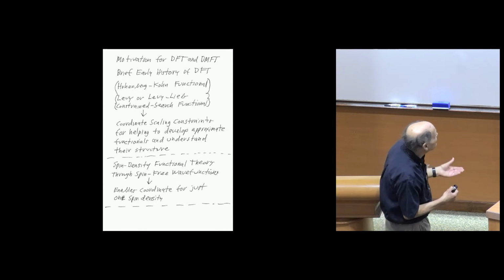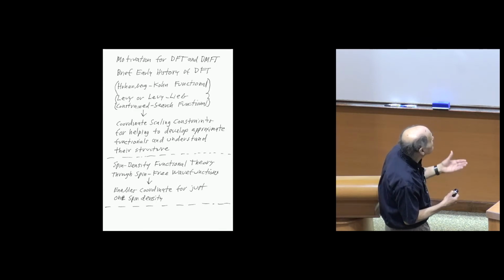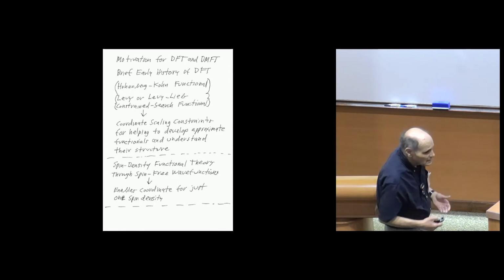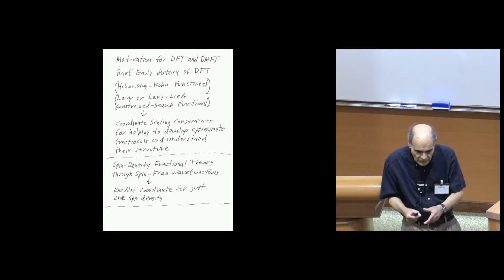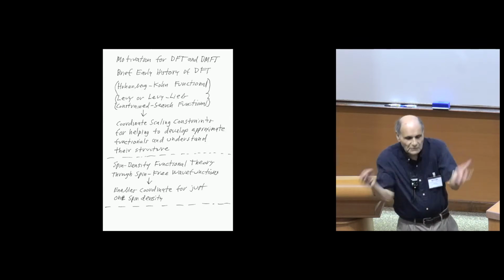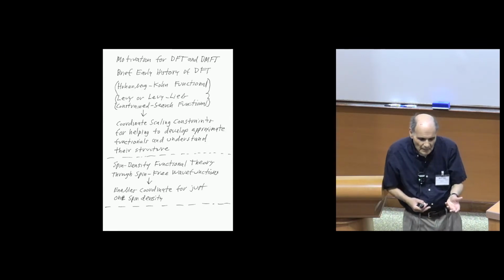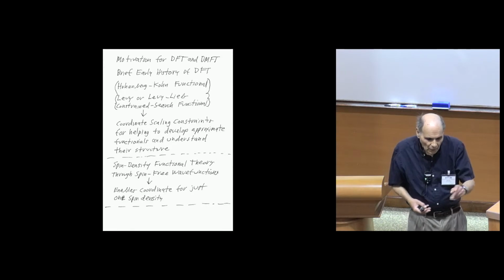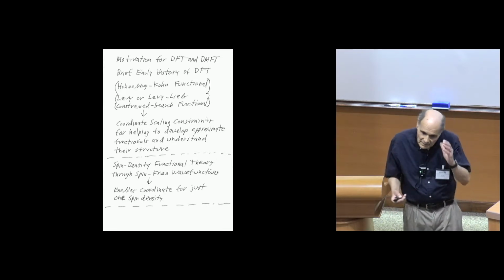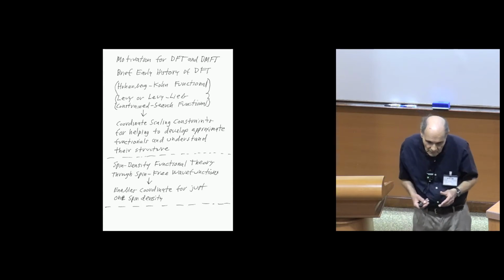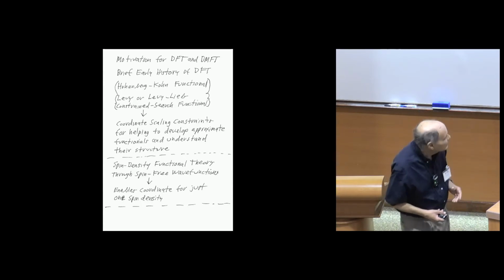Could you derive coordinate scaling constraints or properties? This is difficult because you're scaling just one of the spin densities, but in your wave function that contains spin, the whole wave function is antisymmetric. So this is a tough thing to do, and I think we figured out how to do this.